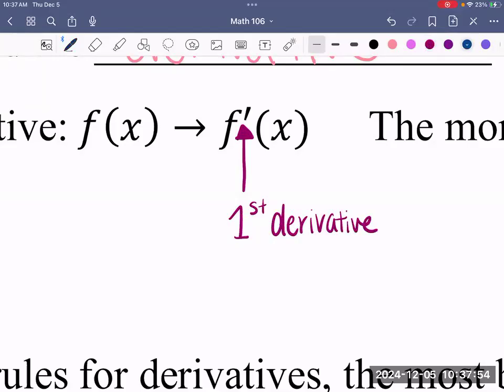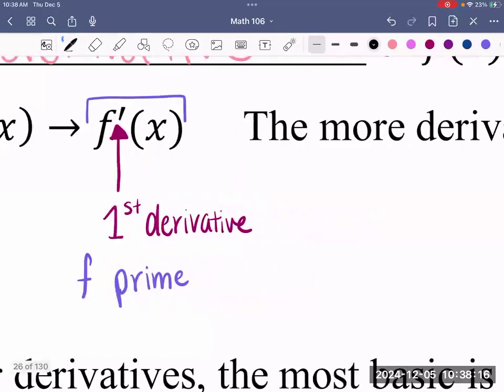This whole thing right here, this is how you say f prime. It's not that it is going to be a prime number. It's just, again, how you can say certain things. You can either say the first derivative or f prime.